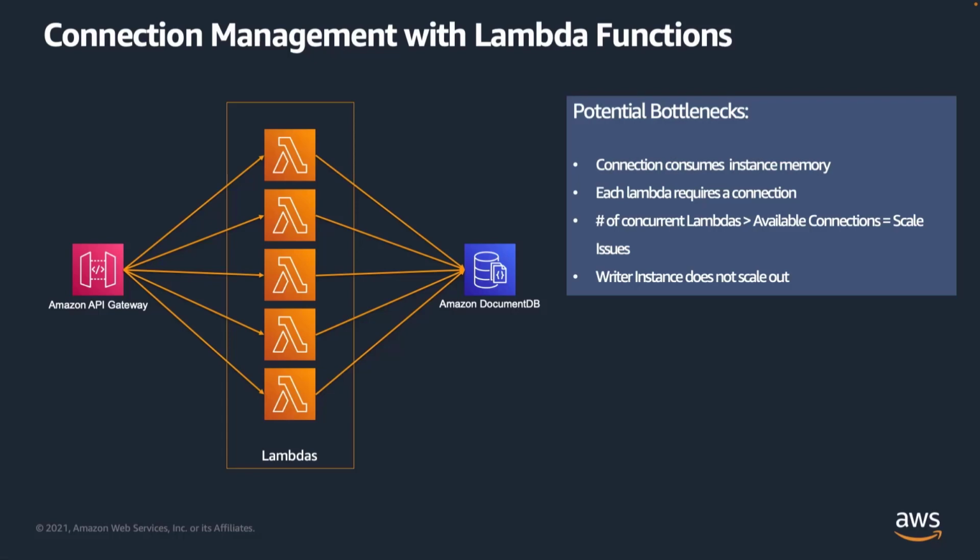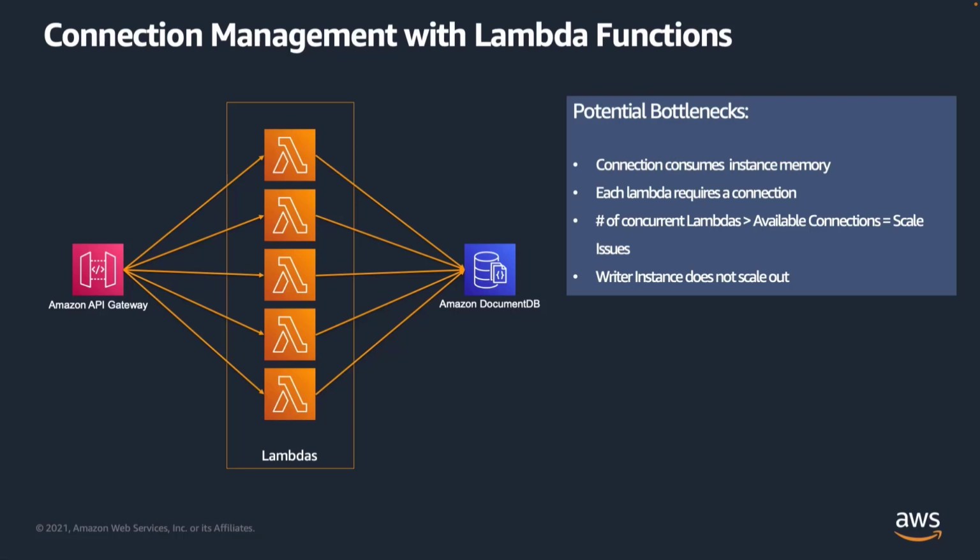If Lambda is opening and closing connections very quickly, then it can cause a lot of context switching and consume all the CPU. Also, if the number of concurrent Lambdas goes beyond the connection limit of an instance, then the queries start to queue up and slow down. Eventually, you will start to see socket timeout and connection timeout errors coming up.